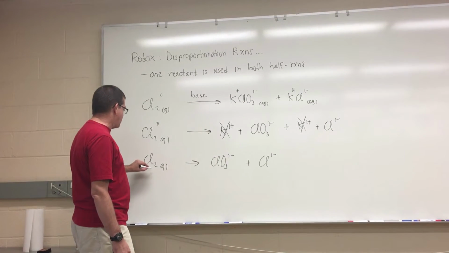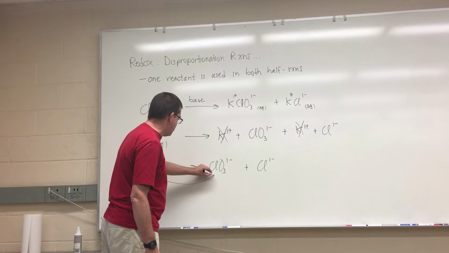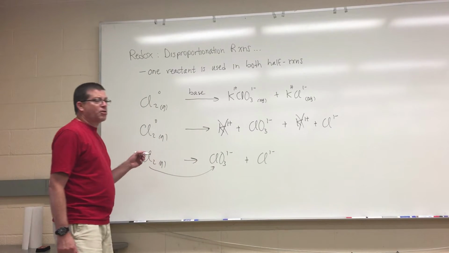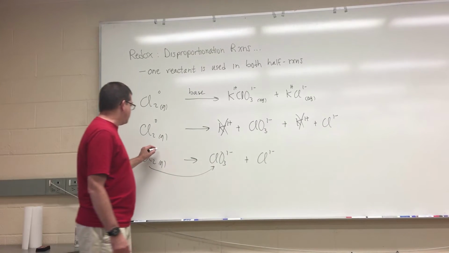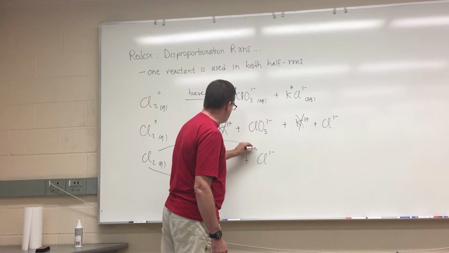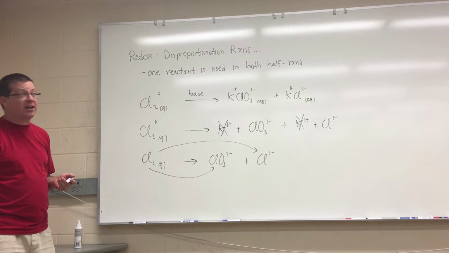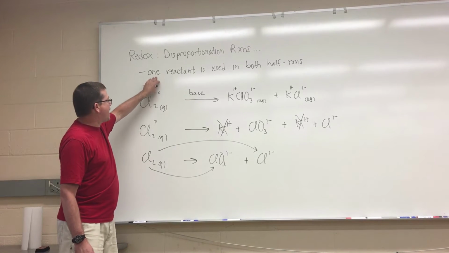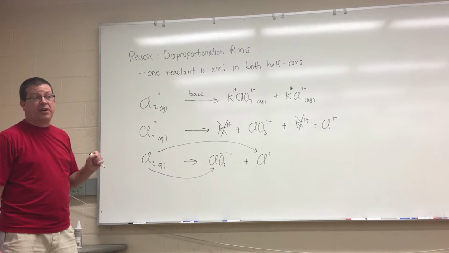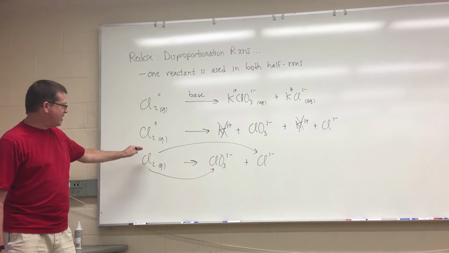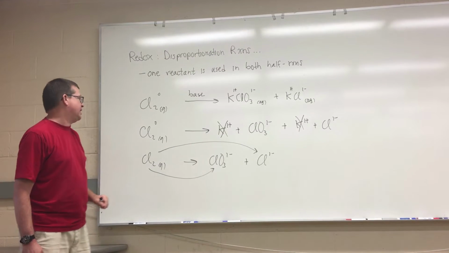One half reaction has to be the chlorine gas going to the chlorate. The other half reaction by default has to be the chlorine gas going to the chloride. So this is indeed an example of a disproportionation reaction. We have one single reactant being used in both half reactions.